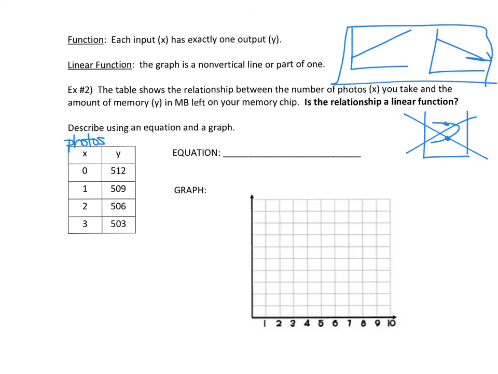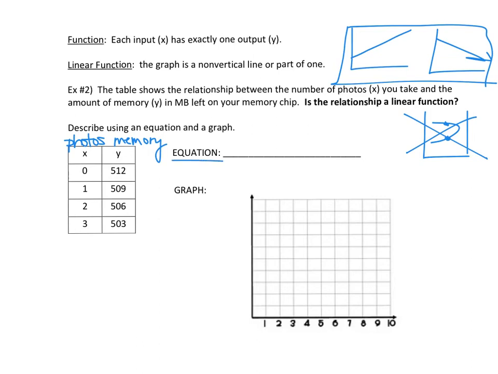X is your number of photos, and the amount of memory, that's your y, in megabytes left on your memory chip, okay? The question is, is this relationship a linear function? So we're looking for, are we getting a line that is not vertical? Okay, when we graph this.